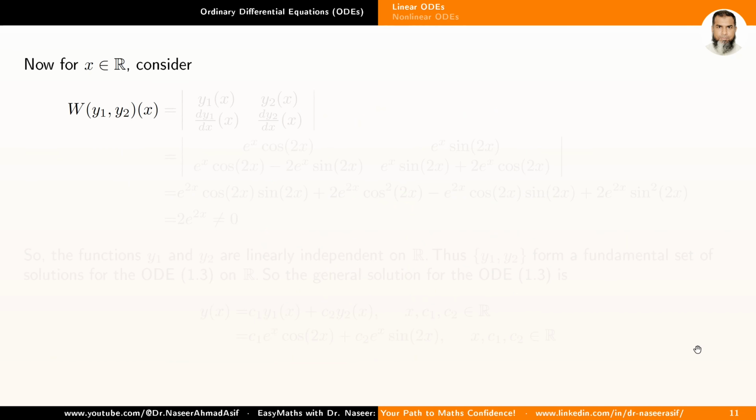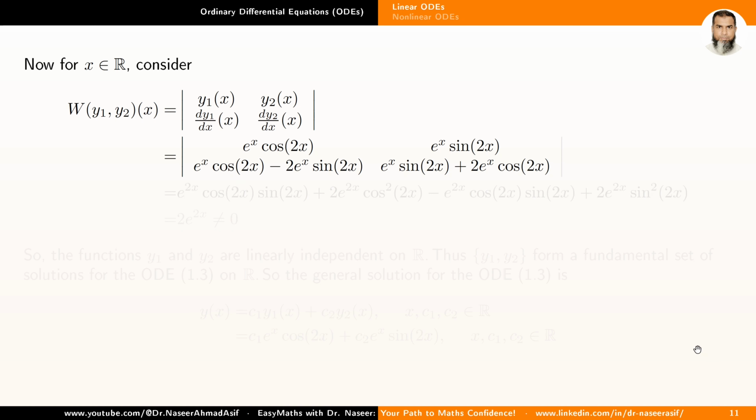Now for x in R, consider the Wronskian of y1, y2, which is the determinant with entries y1, y2, first derivative of y1, first derivative of y2. This equals e^x cos 2x, e^x sin 2x, e^x cos 2x minus 2 e^x sin 2x, e^x sin 2x plus 2 e^x cos 2x.